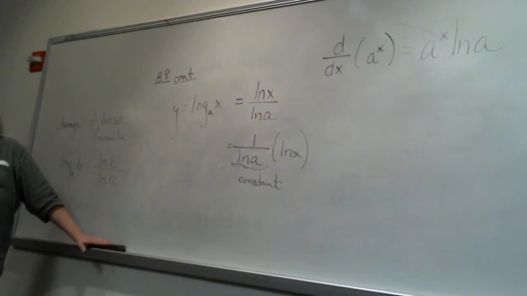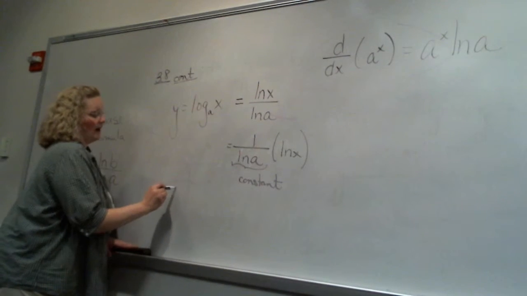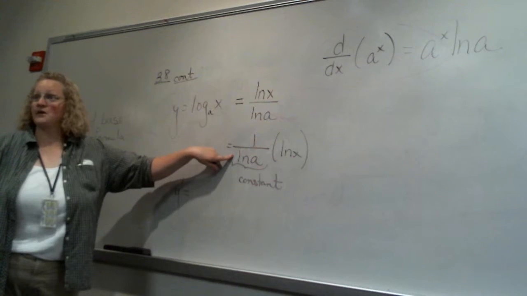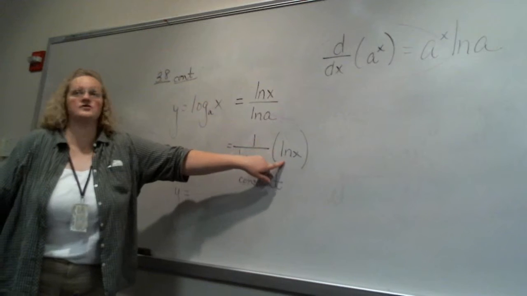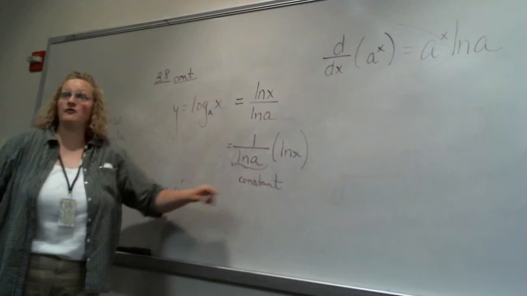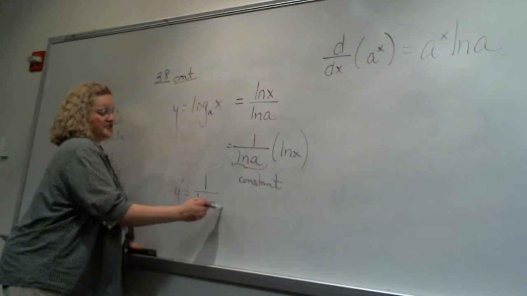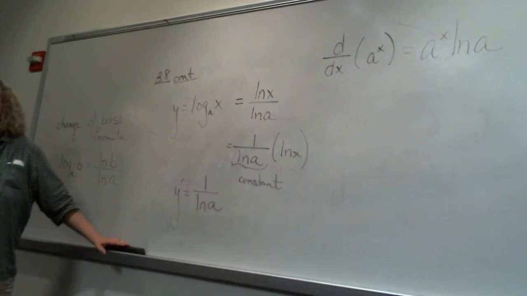Okay? But since it's multiplied by a function of x, I can now find y prime using this line. What happens when you've got some constant attached to your function? When you do the derivative, where does it end up? Well, it just hangs around. You think of that as a 7 times the natural log of x.